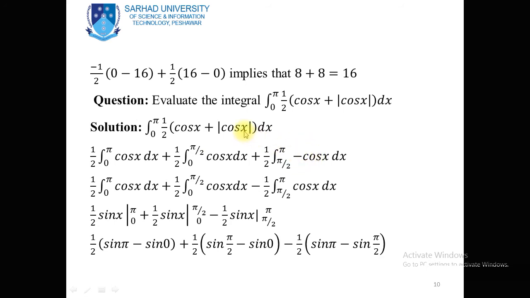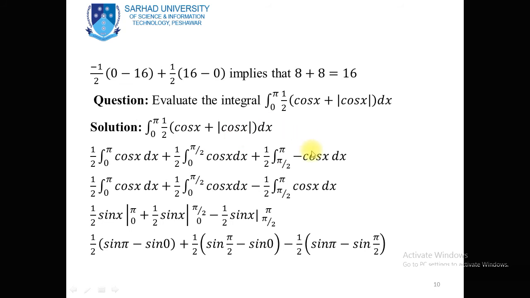Now dear students, I have already told you in the previous problem that to write this single function in integral form, into two terms integral form, this is actually the single integral, but now we write the absolute cos x as the integration of two functions.